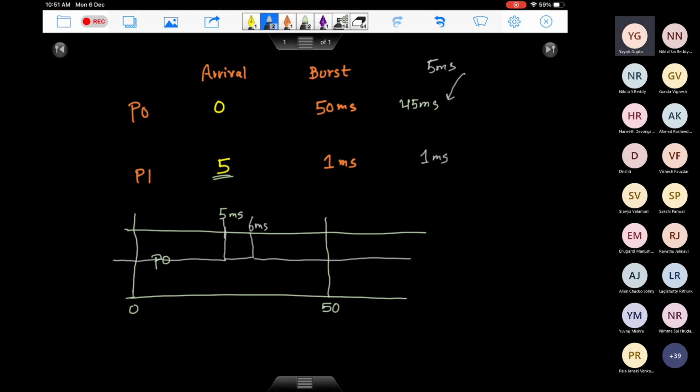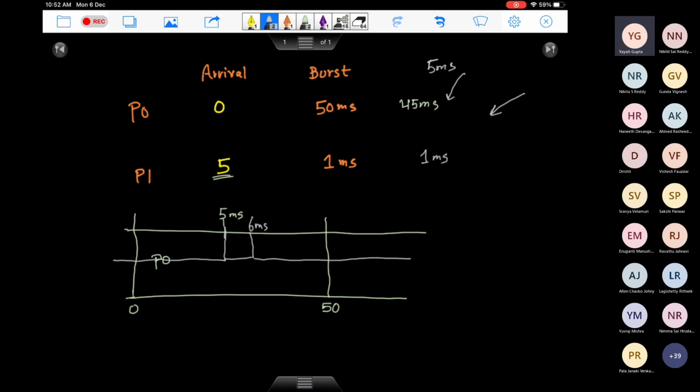Alright. Which other scheduling algorithm do we have? One is priority scheduling. Shortest remaining time first is a special case of priority scheduling, where you decide priority based on the burst time. Whichever process has the least burst time has the highest priority.